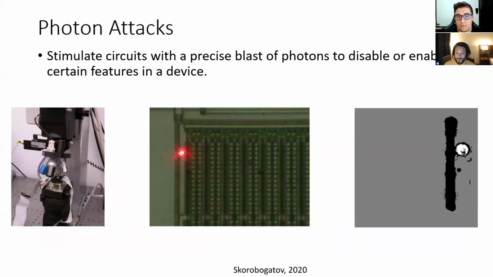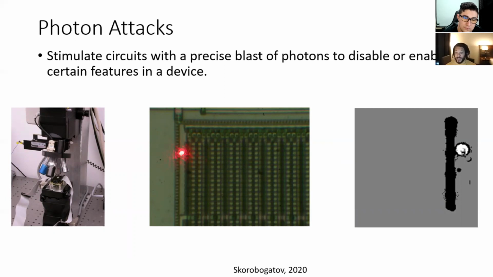And then with photon attacks, again, that's where we can read optically what's happening on a semiconductor. Semiconductors, they're using electricity, and that electricity emits some light, and so we can observe the light being emitted from all those semiconductors. And if a certain function happens, we know what that profile, what that footprint looks like, and can start our attack.